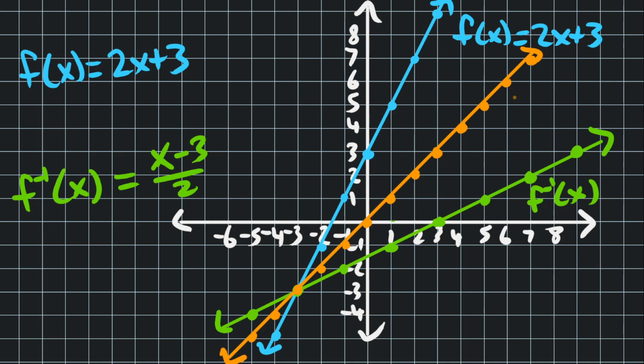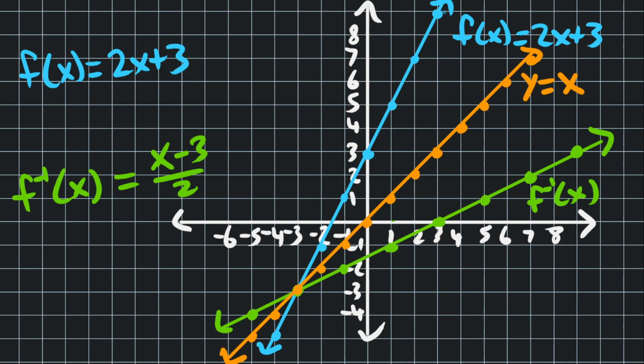So this orange line is called the identity line, and it is y equals x. This is the line where y equals x. As you can see right here, both x and y coordinates are the same for every point on this line. This is 3 comma 3, 4 comma 4, 5 comma 5, 6 comma 6, etc. That's why this is the identity line, because y equals x for every point on this line.